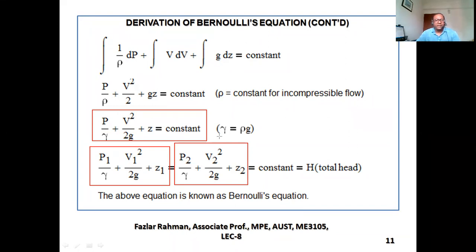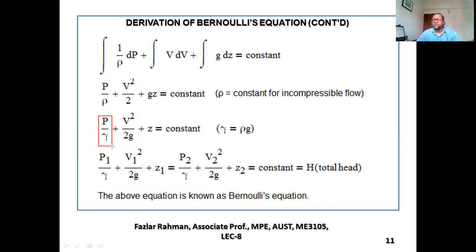And the first term, P1 by gamma, is called pressure head or pressure energy. This one is called velocity head or kinetic energy. This one is called potential head. But the summation of these three will always be the same.